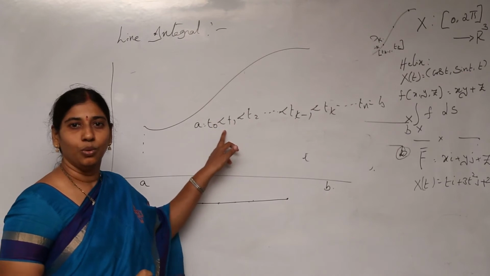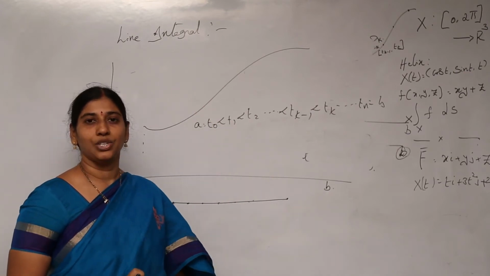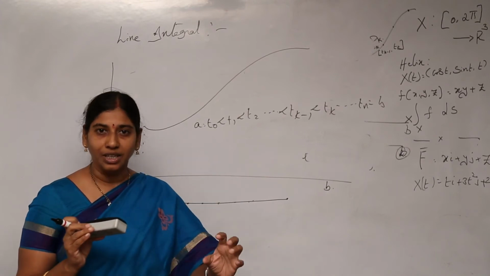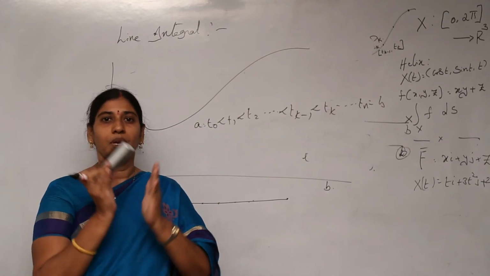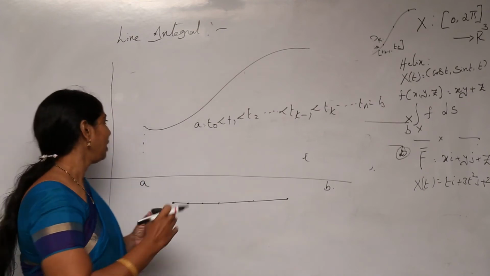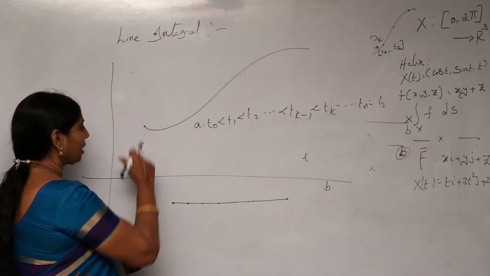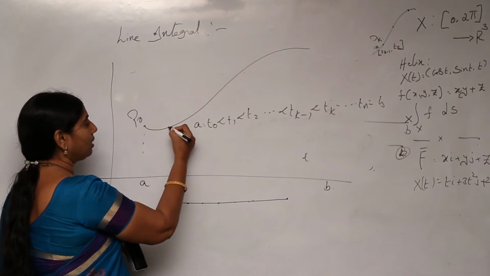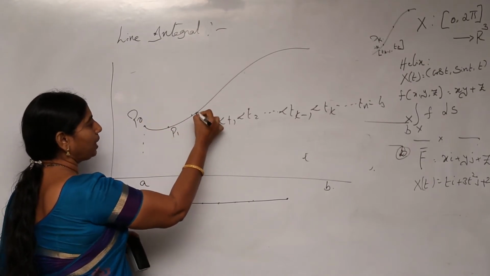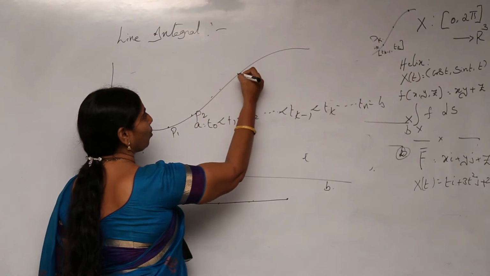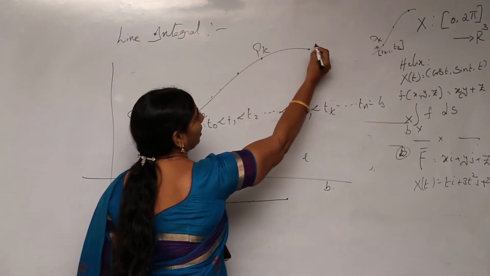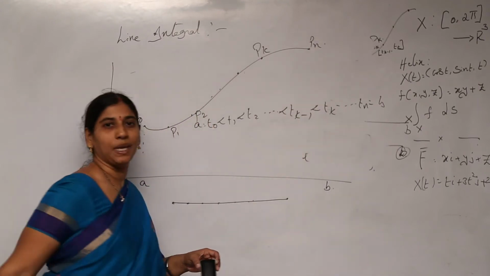What does this do? It gives rise to a partition. What do we mean by a partition? Dividing the given curve into some subcurves, like, say, corresponding to this point, let us say this as P0, then P1, P2, and so on, say Pk, and so on, say Pn.